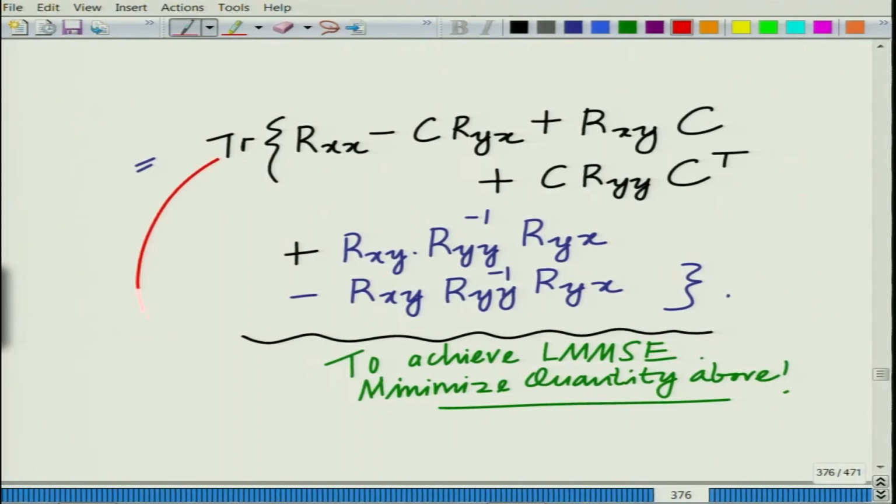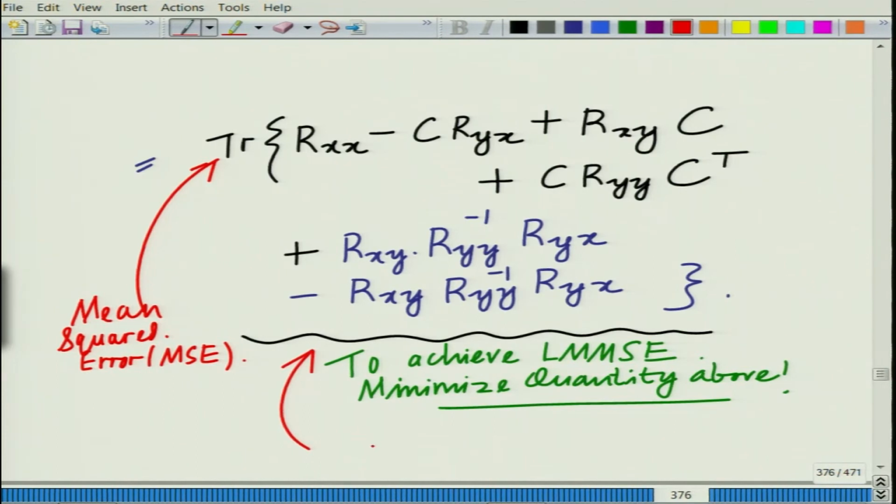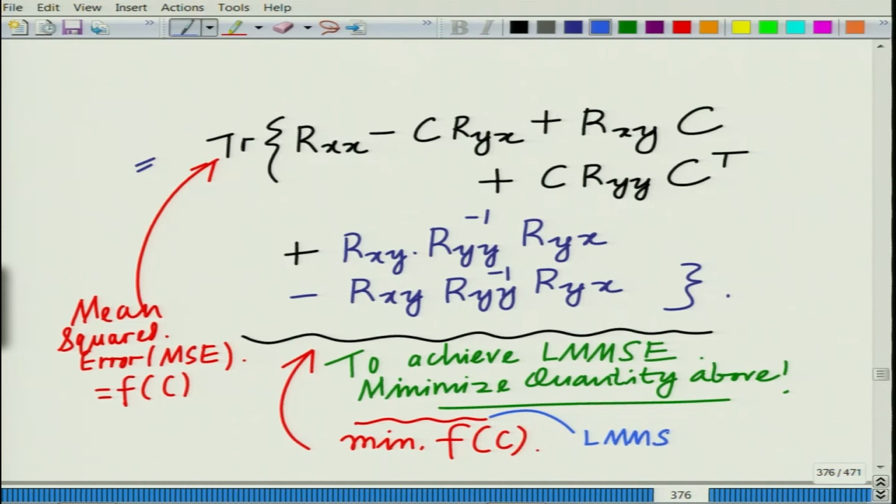So, this is the mean squared error, MSE, as a function of C. This MSE is basically a function of the matrix C. Now, if I minimize this function of C, that gives me the linear minimum mean square error estimator.